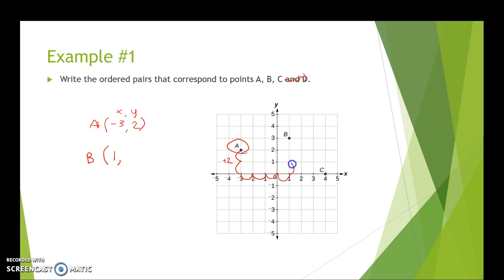And then from there we go up 1, 2, 3 points, so that would be a positive 3, and that would be my ordered pair for point B. For point C, we start at the origin again, and we go to the right 4 places, 1, 2, 3, 4, so that would be 4 for my x-axis. Now for my y, we don't go up or down because it lies right on that x-axis, so that would just be 0. And that's how we go about labeling our points, giving them ordered pairs within the coordinate plane.